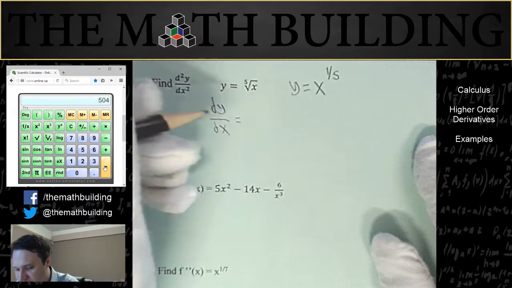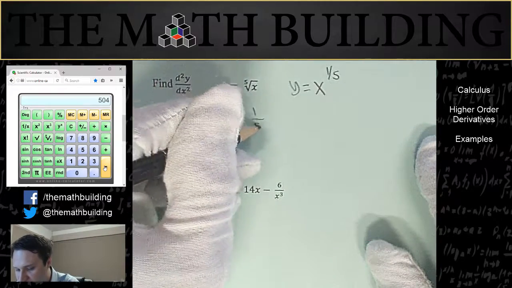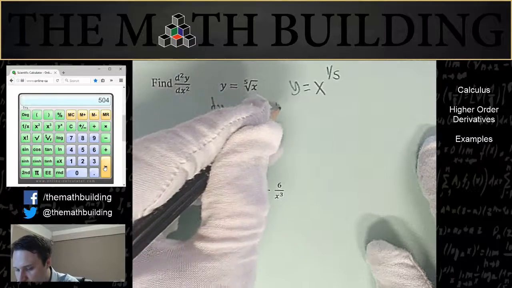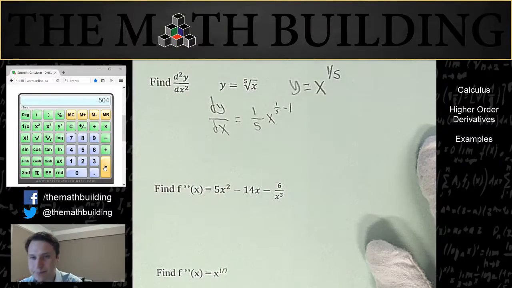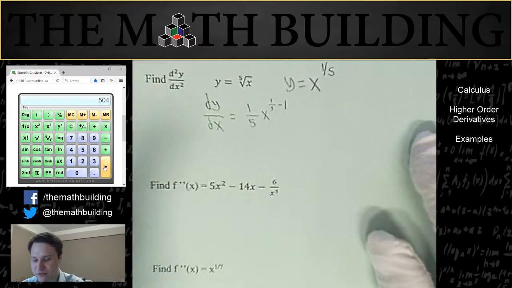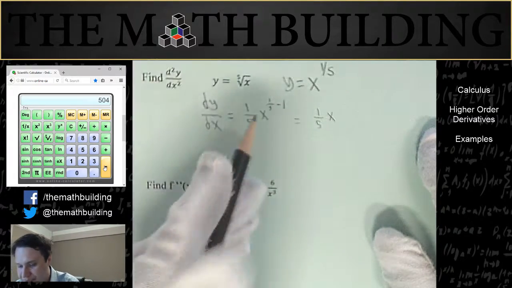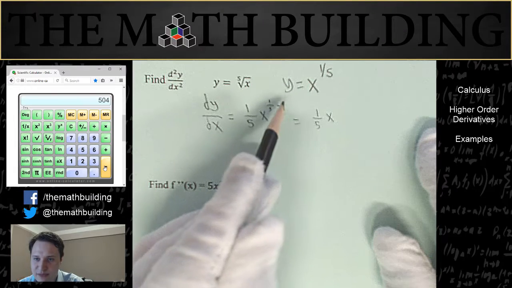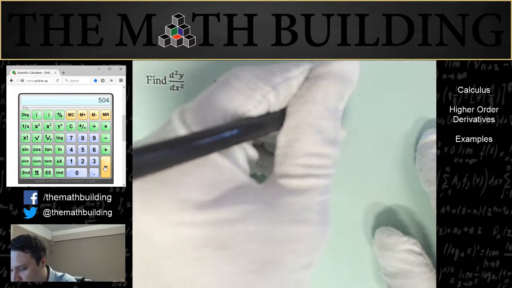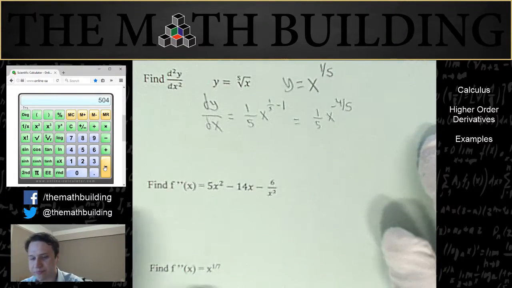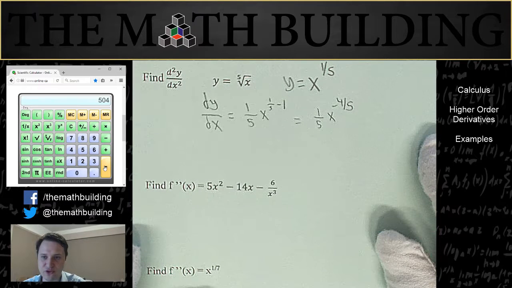So the first derivative of this would equal 1/5 x to the 1/5 minus 1. That would be the first derivative, and 1/5 minus 1, that's 1/5 minus 5/5, so that would be negative 4/5. So is that okay for my first derivative? 1/5 x to the negative 4/5.